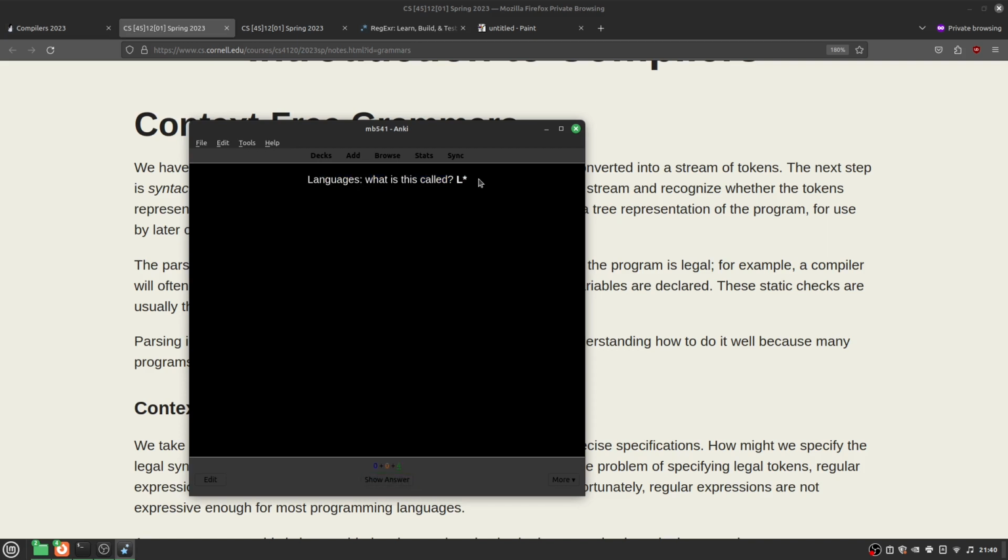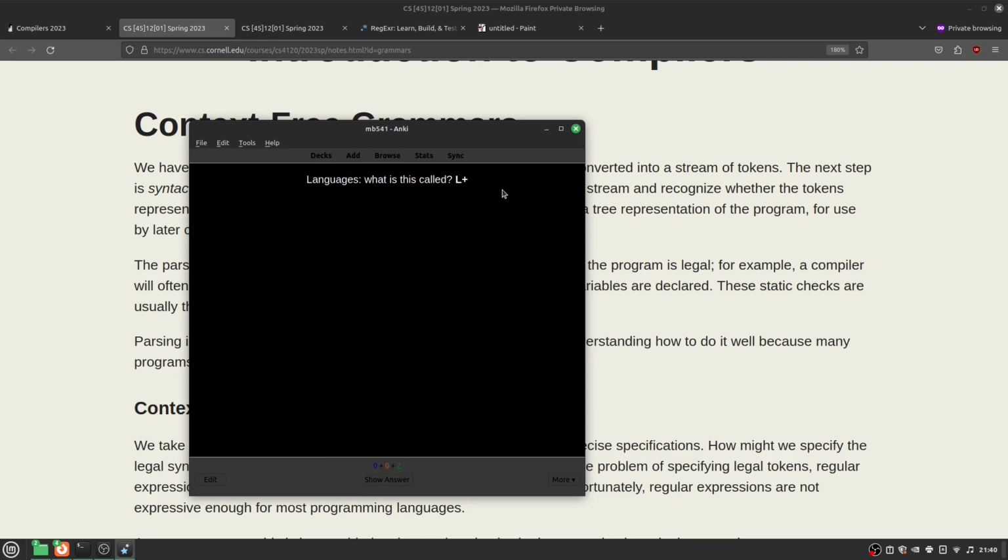What is this called? That's the Kleene closure of L. That represents 0 or more instances of L. What does this match? This matches any character except A or B or C. Good. What is this called?